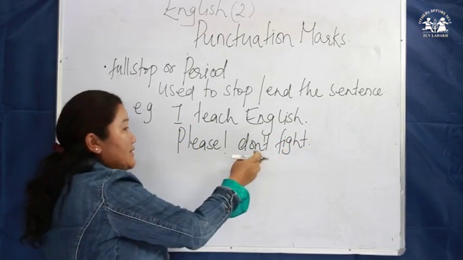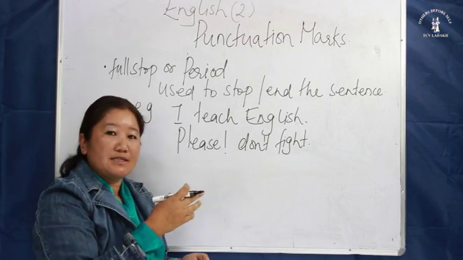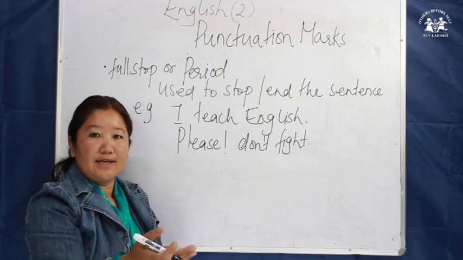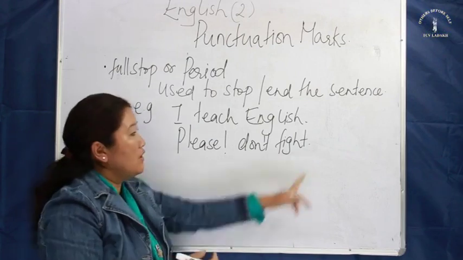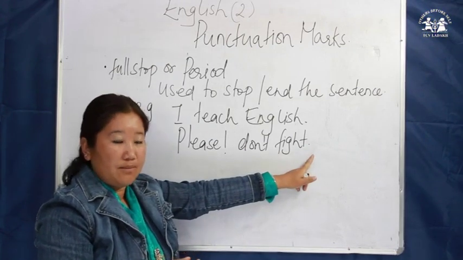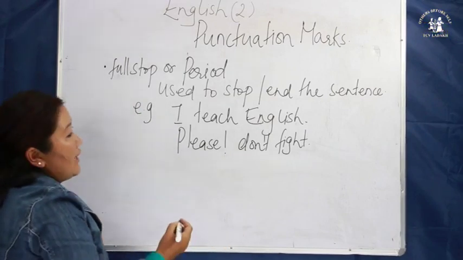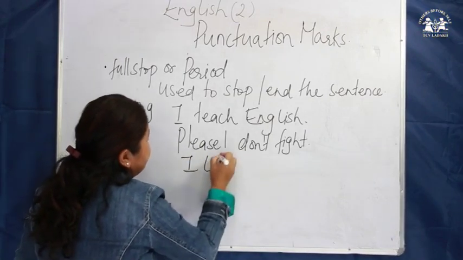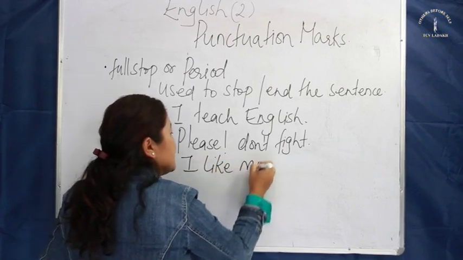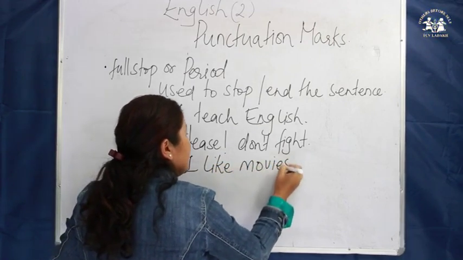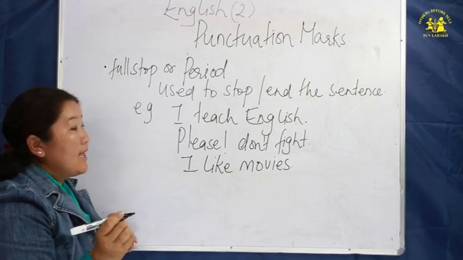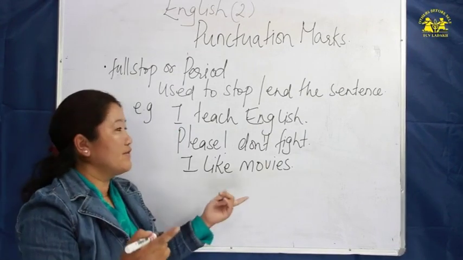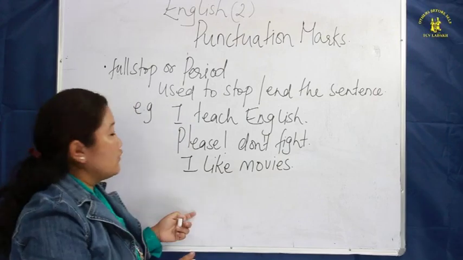In such a sentence, the speaker is requesting somebody not to fight, so in a request also we use a full stop. And then you have a sentence like, I like movies. Full stop. And a command, like, don't do this, in such a sentence we also use a full stop.